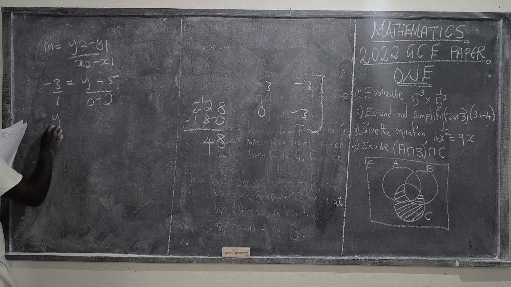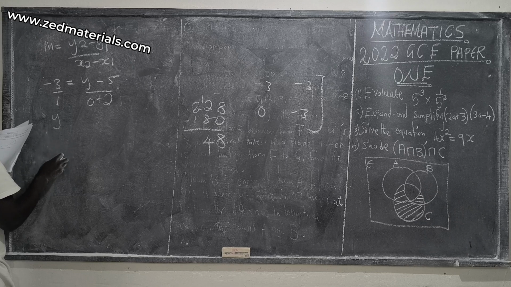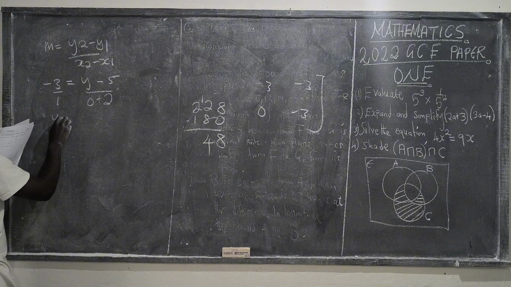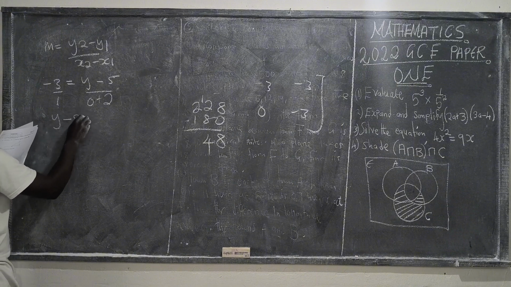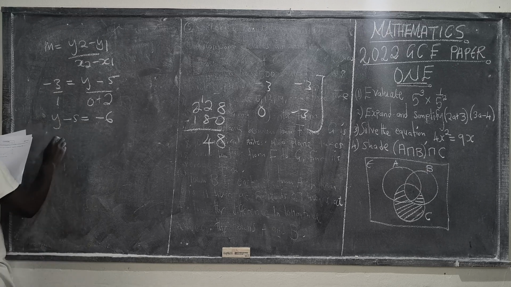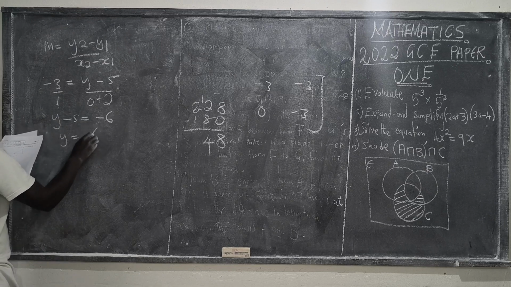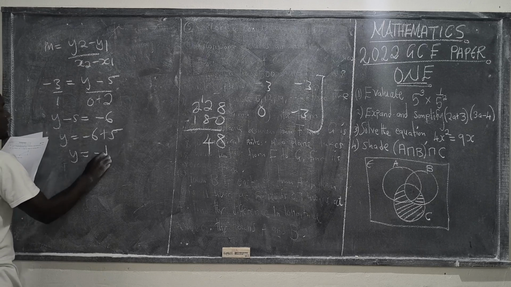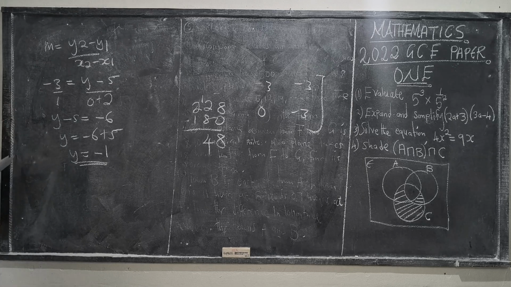Then 1 multiplied by 5 is 5, so y minus 5 is equal to negative 3 multiplied by 2, that is negative 6. Then group like terms, you're going to have y is equal to negative 6 plus 5, which gives y equal to negative 1.